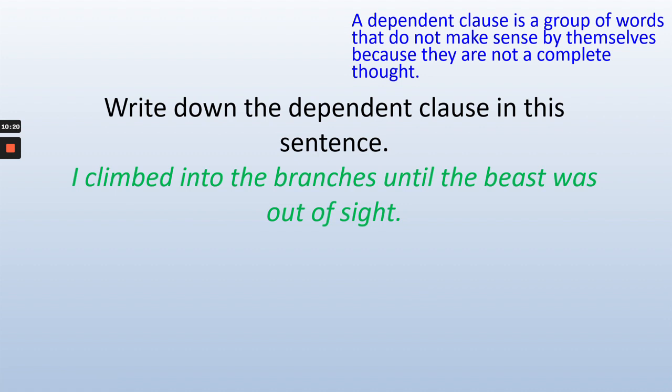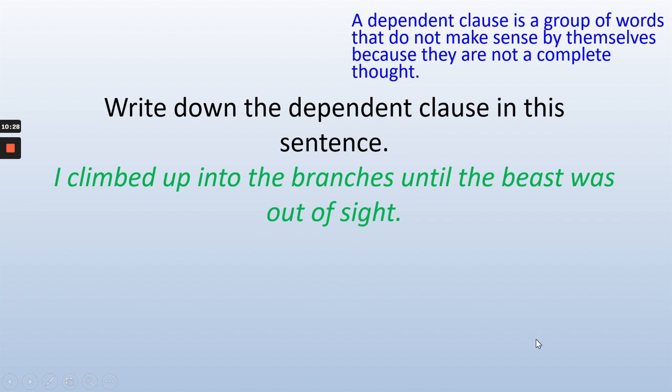There, I've just fixed it up for you. So I climbed up into the branches until the beast was out of sight. Where is the dependent clause that doesn't make sense by itself in this sentence? Press pause while you write that down, and then press play when you're ready to check.